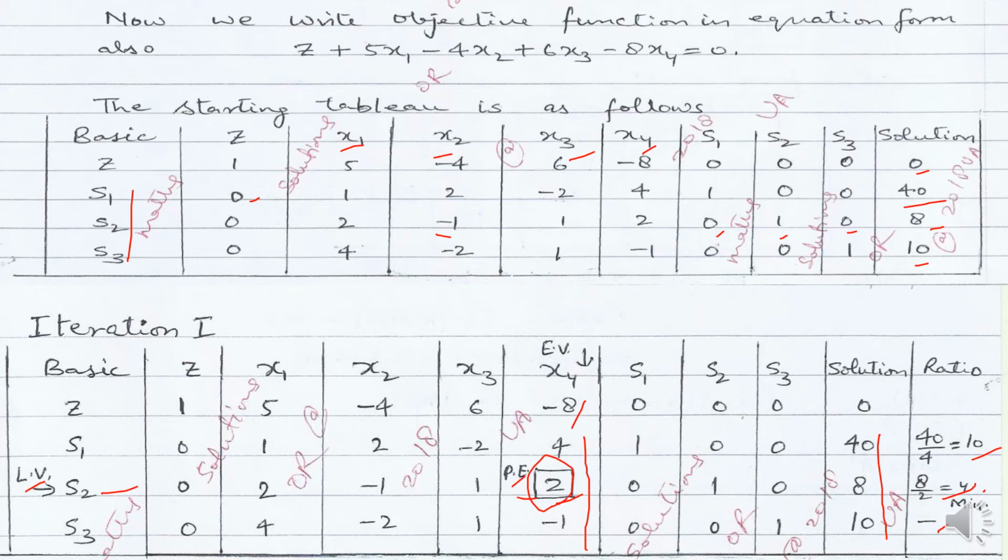We will divide this pivot row by this element 2, and we get the new S2 row, which will be the x4 row in the next table. And with the help of this new row, we will change our Z, S1 and S3 rows by using the following formula.